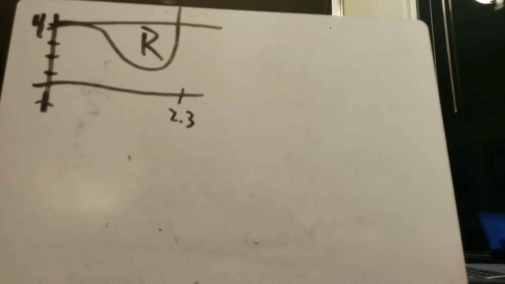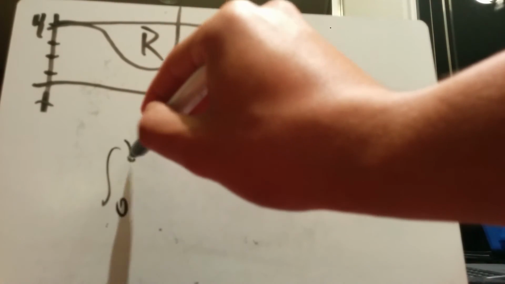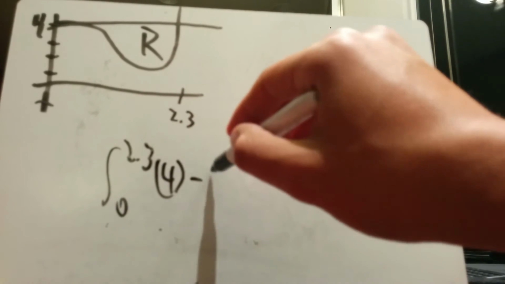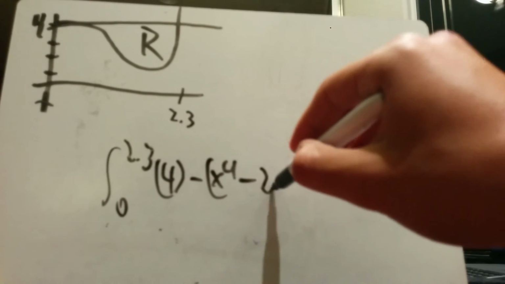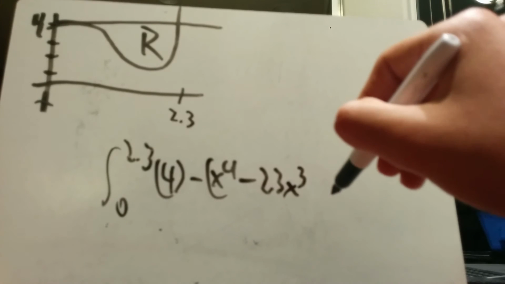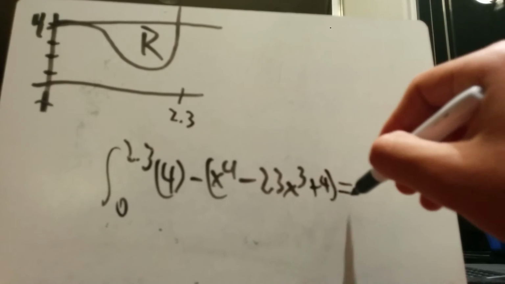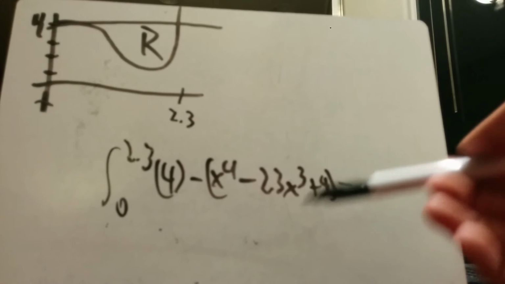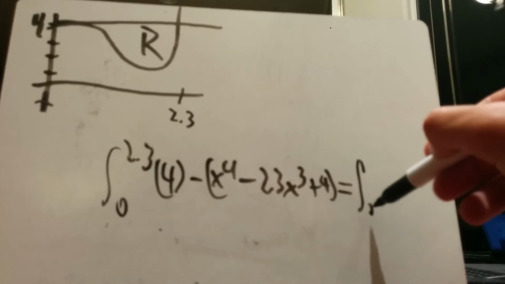So the way you do that is you get the area of R, which would be top minus bottom, 4 minus x to the 4th minus 2.3 x to the 3rd plus 4 is equal to your integral of 0 to k.